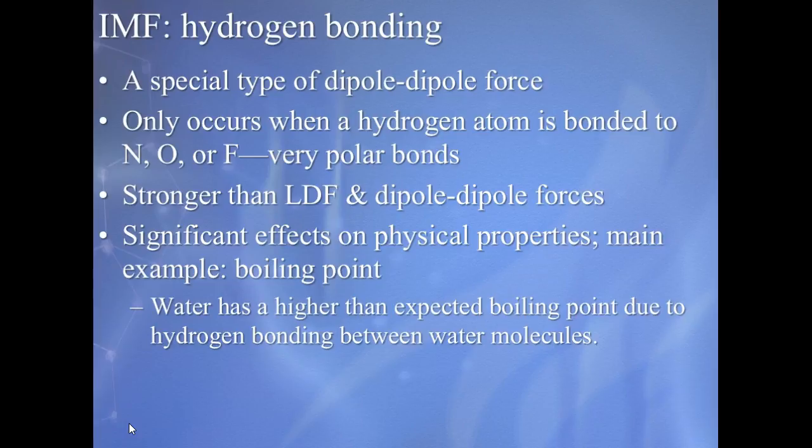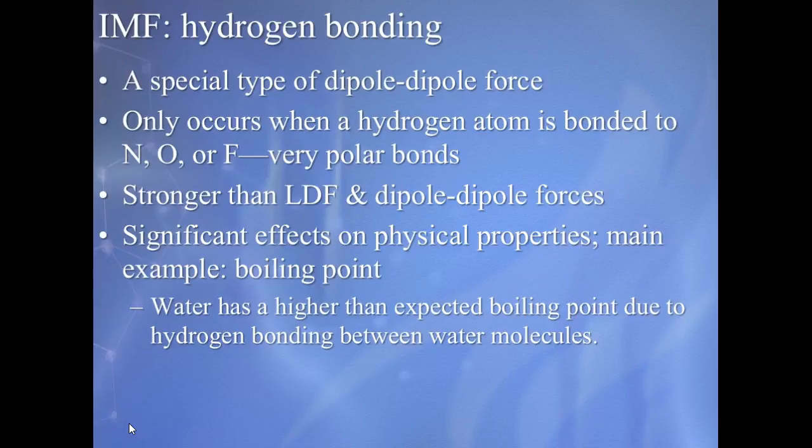And because those three things are so very electronegative, and hydrogen is very not, you get a super, super polar bond that's very positive on the hydrogen side and very negative on the other side. So it's just like dipole-dipole, where the opposite ends are attracting, but it's just stronger.